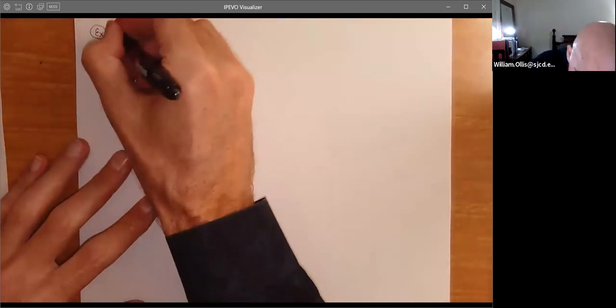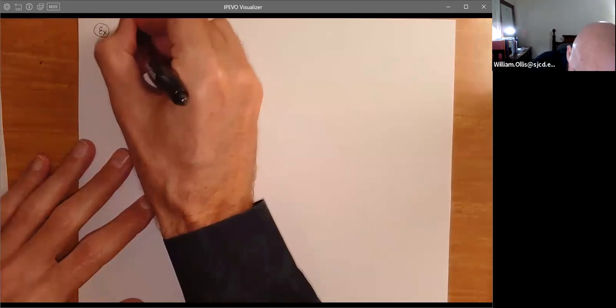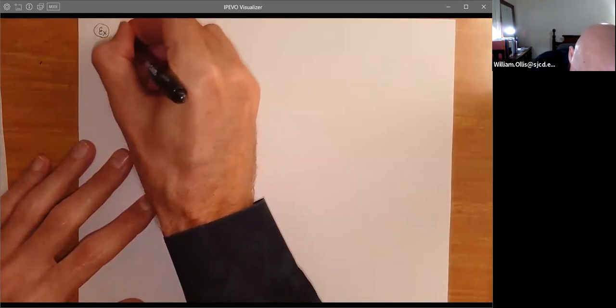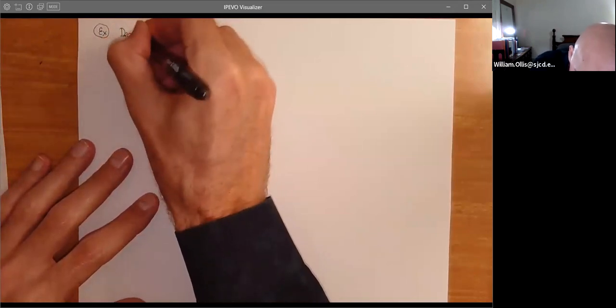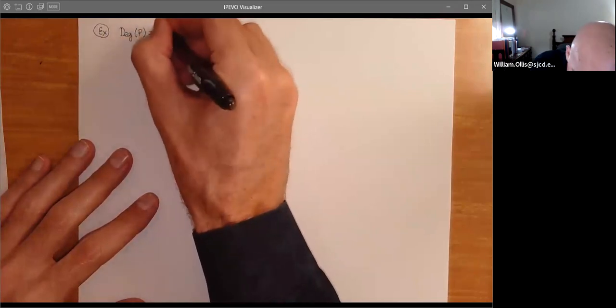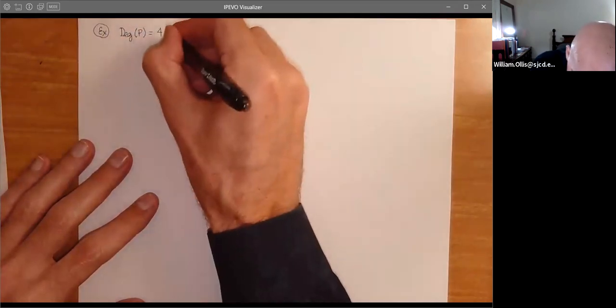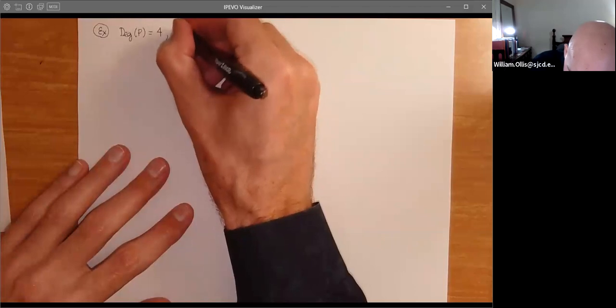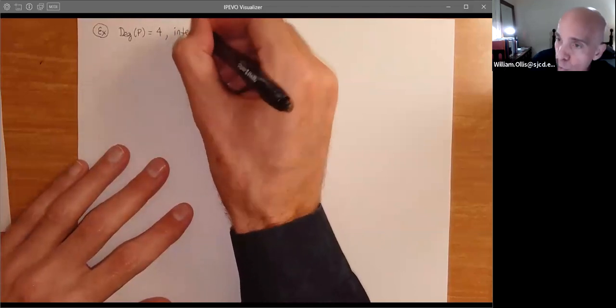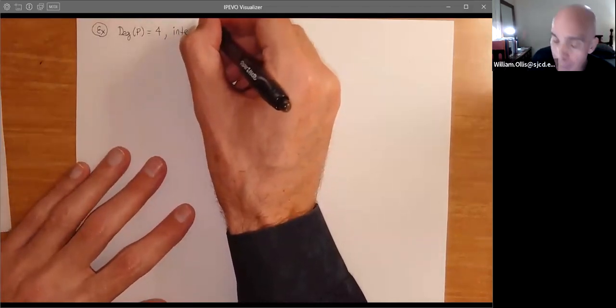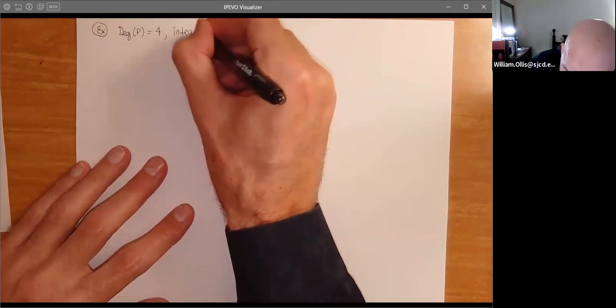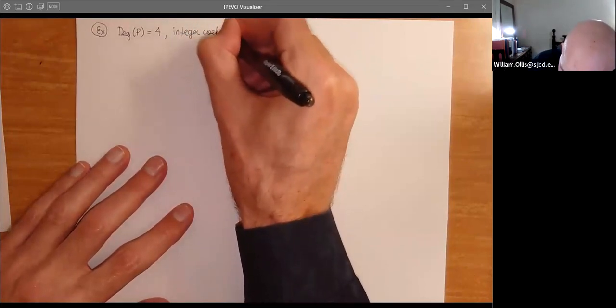So we want the degree of our polynomial to be 4. We want integer coefficients, so no square roots, no imaginary numbers. We want integer coefficients like we always do.